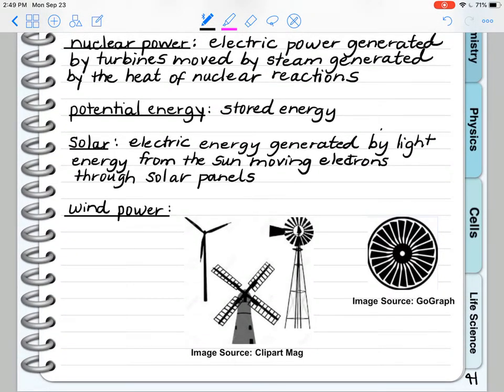Okay, here is wind power. And this is exactly what it says. It is electric power generated by turbines. And I showed you some pictures here of turbines moved by the wind.